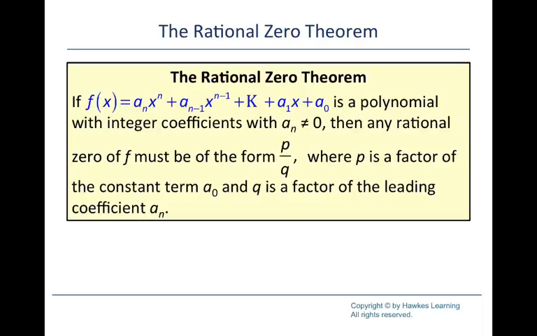So we end up dividing factors of the last term by factors of the first term to get all possible zeros, and then we narrow down what the actual zeros are from that. Because if you think of trying to pull numbers from the pool of all real numbers, there's no way you could try. You don't have anywhere to start. So this narrows it down considerably on what numbers to choose from.